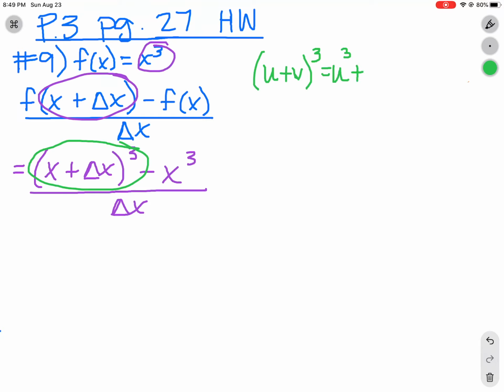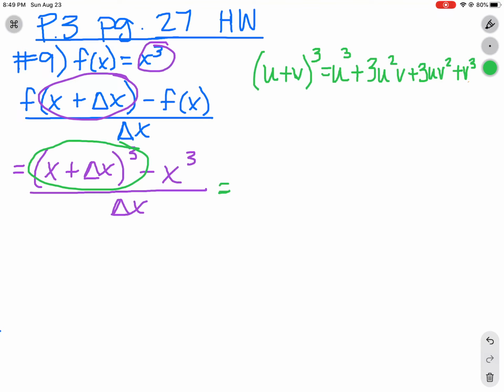Then all the terms are going to be added together because it's plus. Then we take 3 times u squared times v plus 3 times u times v squared plus v cubed. If you can remember this pattern, this problem just becomes a lot easier.